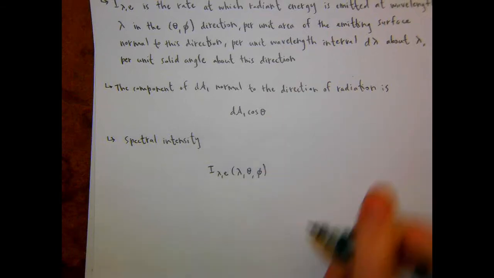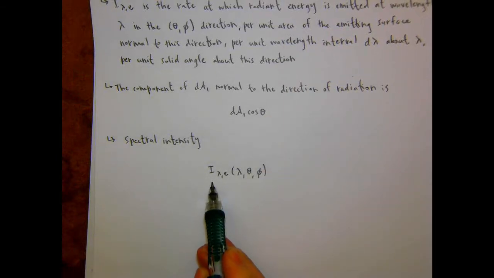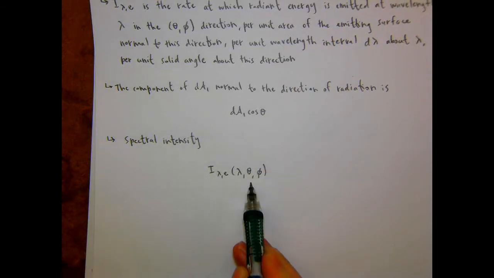So remember, we're talking about the rate of emission for one wavelength in one direction that's defined by these theta and phi angles.